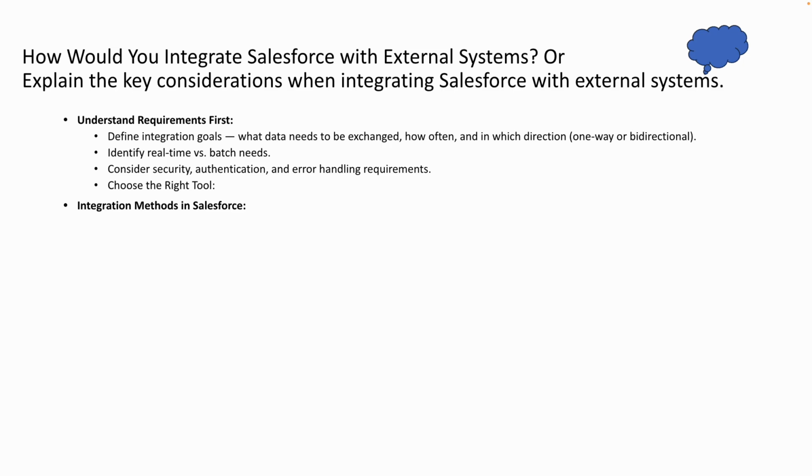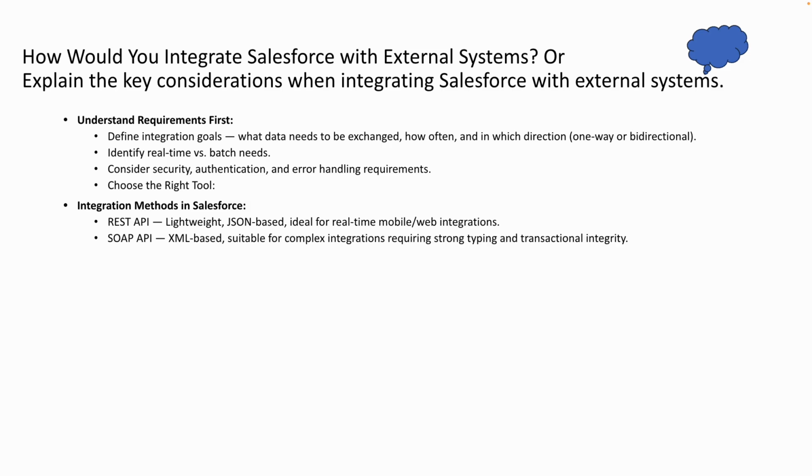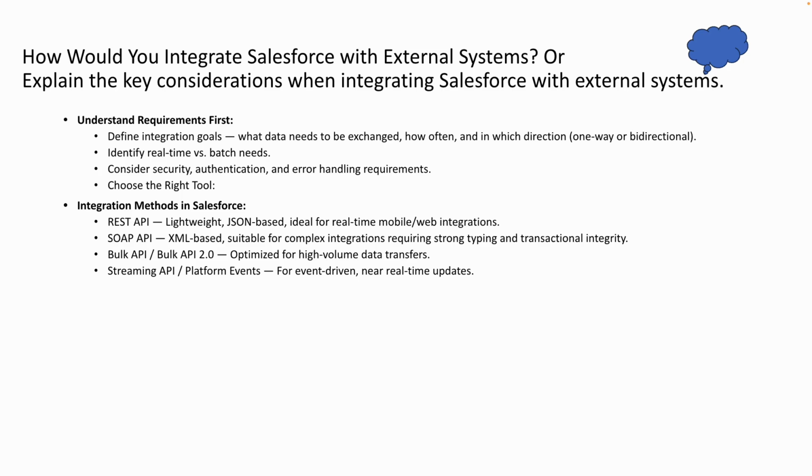And we'll talk about the integration methods, whether it's REST API, which is one of the popular methods if it is a real-time integration, and also SOAP API if it is a complex integration that requires strong typing and needs transactional integrity. We also have Bulk API 2.0 for high volume data transfer, which may not be suitable for real time.